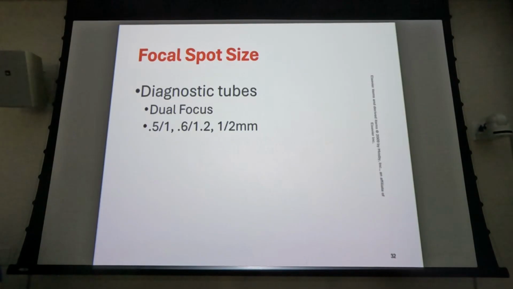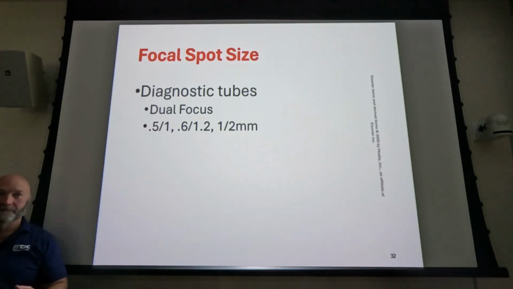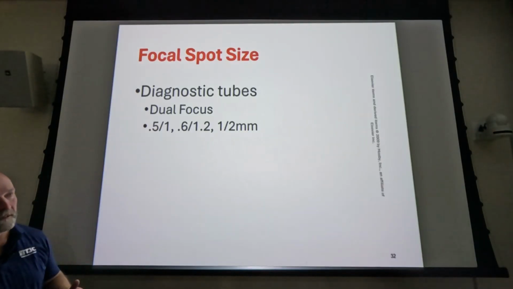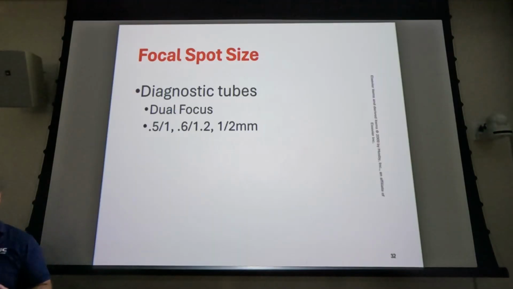Okay? That's not the same as if you make an exposure at, let's say, 75 kVp at 20 mAs on 200 mA. Both large and small focal spot sizes will give you that exposure, and the difference in image receptor exposure should be identical. Okay?